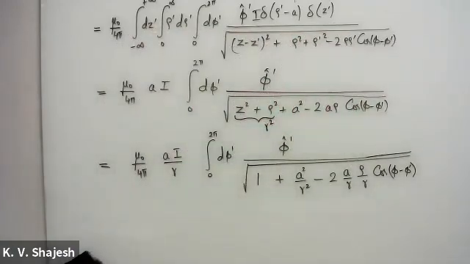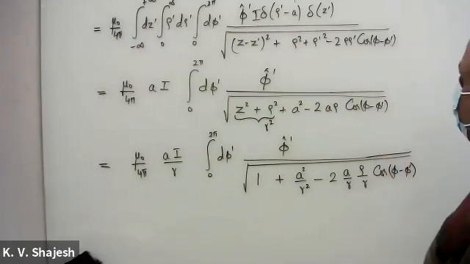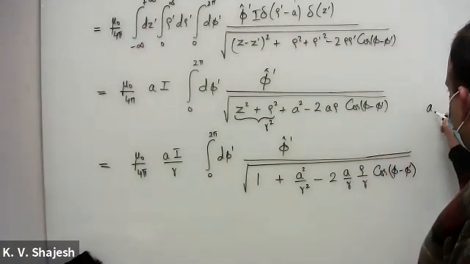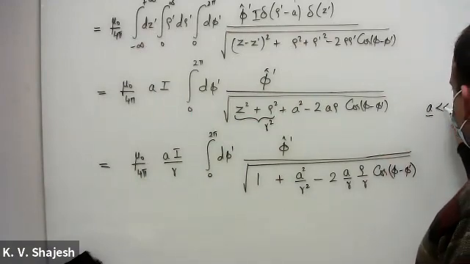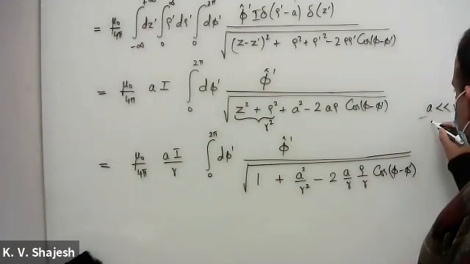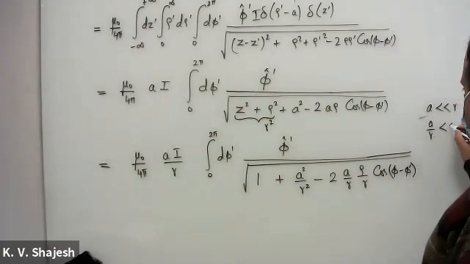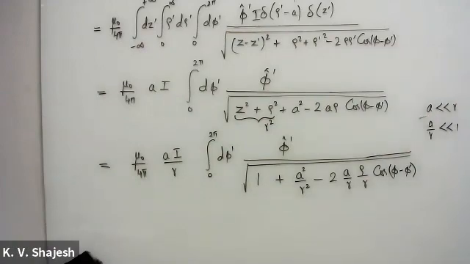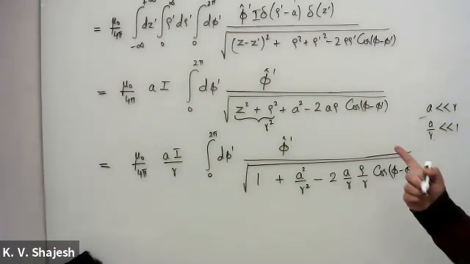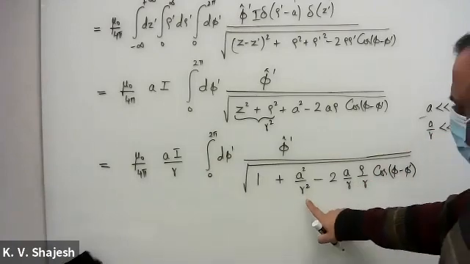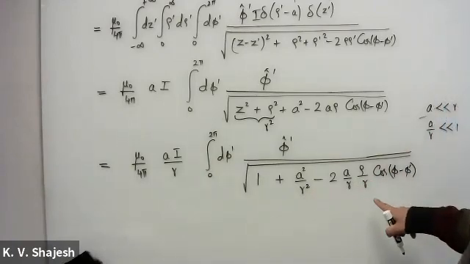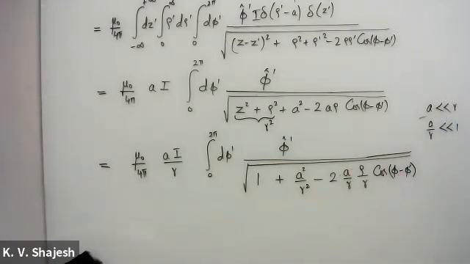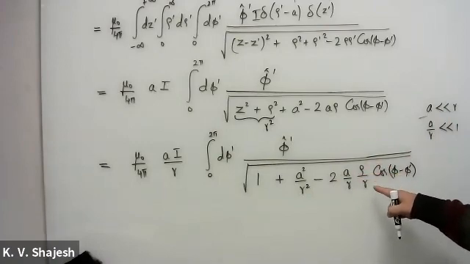Okay. Now the point is, a, as I said, is very much smaller than r. So a is very much smaller than r means that a over r is very much less than 1, not just less than 1. If it is 10% accuracy, you would say this is 0.1. If this is 0.1, the square of that will be 0.01. So this is significantly smaller than this. One might worry that maybe the coefficients make it bigger, but the coefficient is always less than 1.